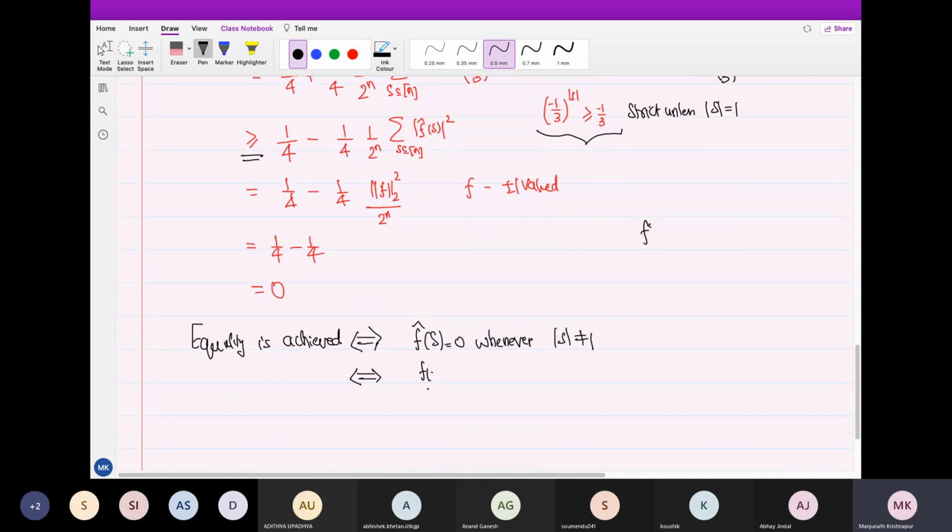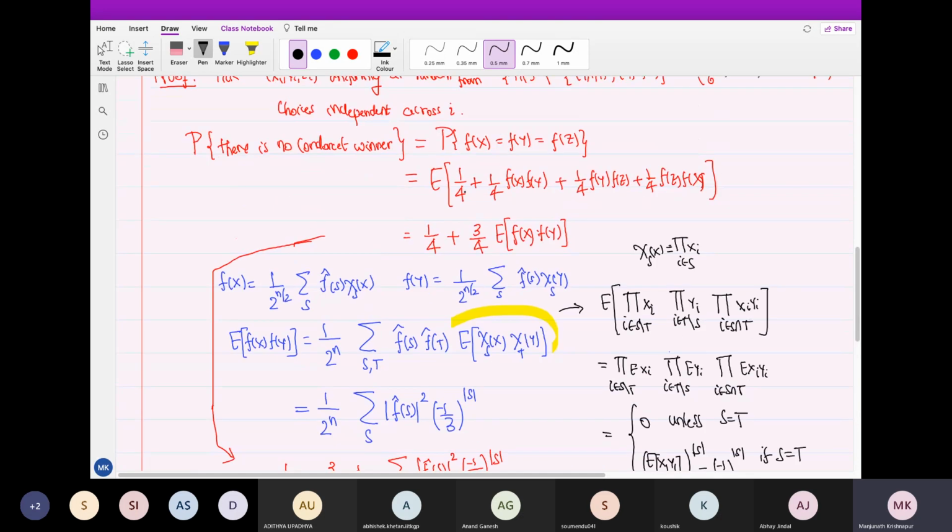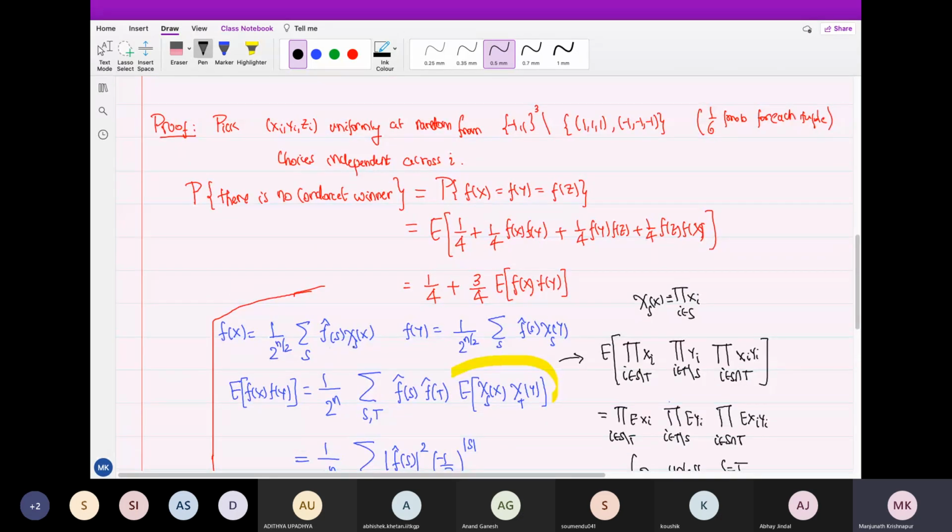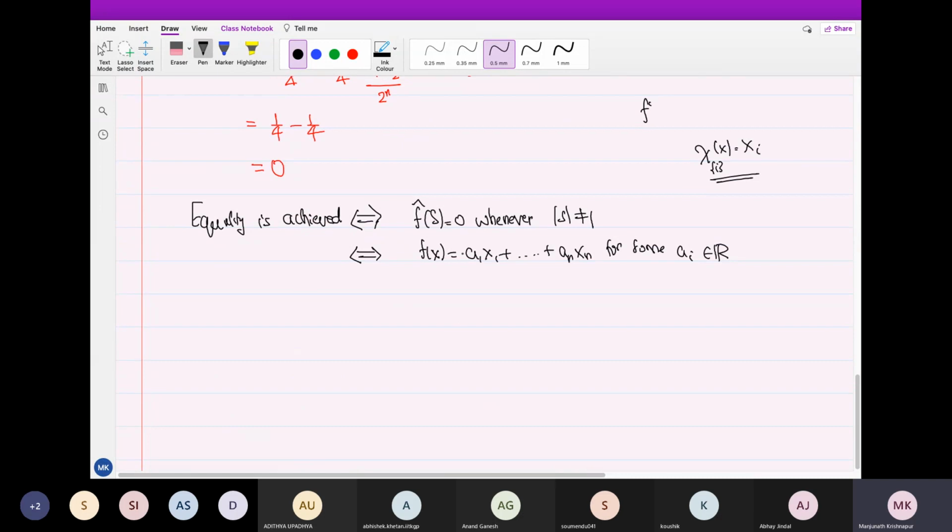So I'll just write f(x) is a1 x1 plus up to an xn for some ai in R, because chi sub i of x is xi. So we get only those, so it is a linear combination of characters for singletons. Therefore, it must be of this form a1 x1 plus up to an xn for some ai's which are real numbers.